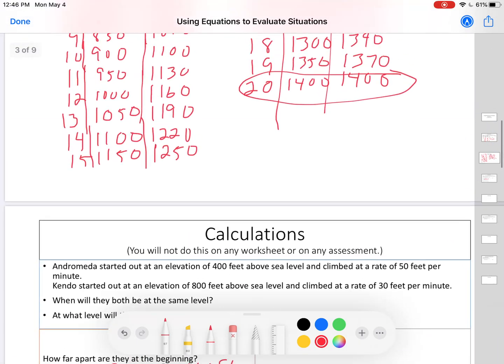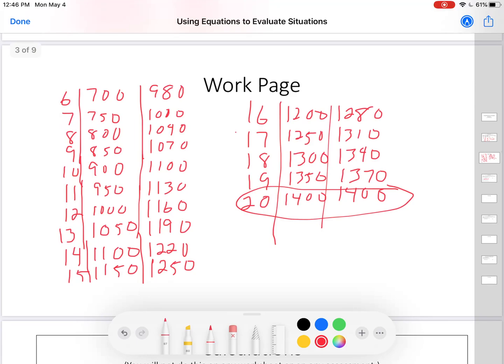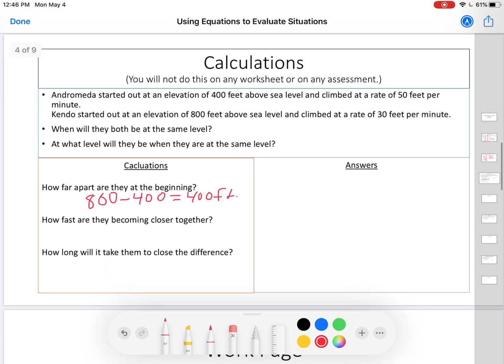Well, even looking at the table, we can see that we go from 900 and that's 200, and now they are 180 away. So every single time they get 20 feet closer together.